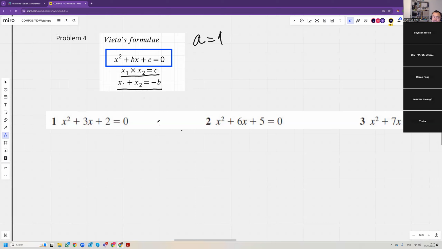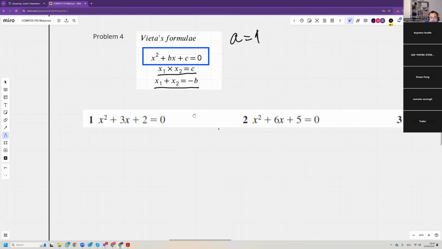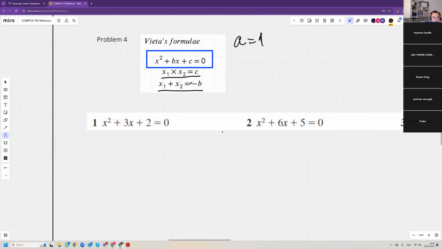So this is slightly different. This is very similar to factorization, except you don't factorize here. You don't even need to factorize. You just write out the answers right away. So the product of the roots is c, so x1 multiplied by x2 is 2, and x1 plus x2 is minus b, so it's minus 3.